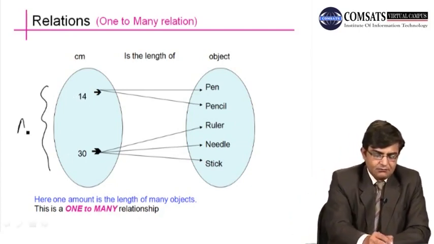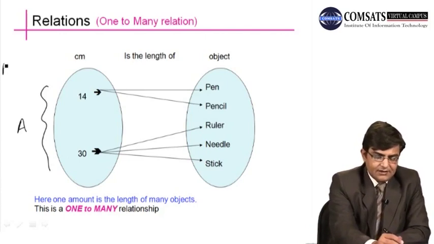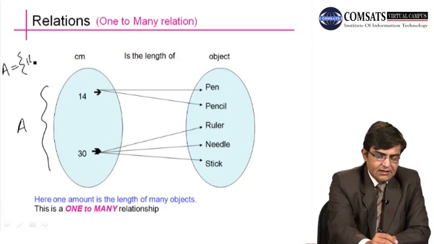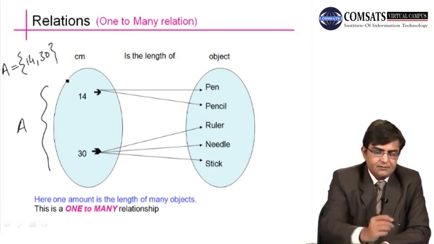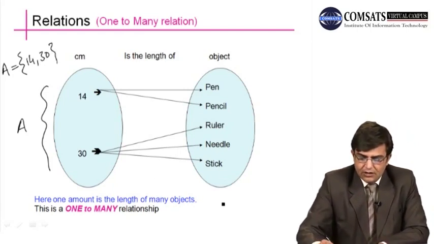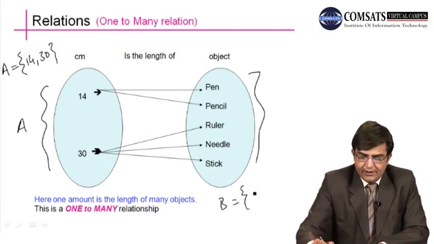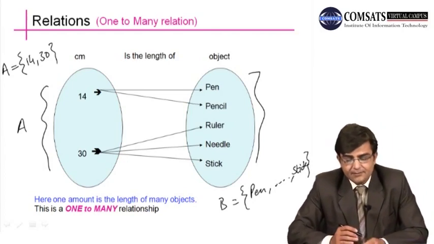This set A contains the lengths 14 and 30 centimeter. Here in the set B we have this set: pen, pencil, ruler, needle and stick. So this is B set.